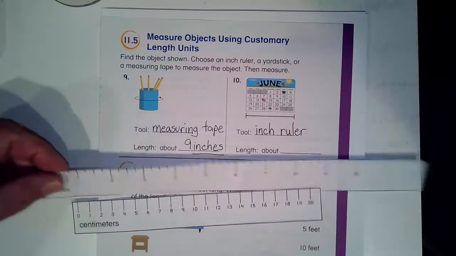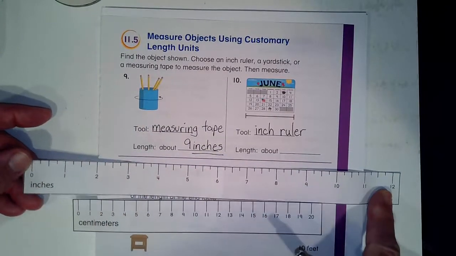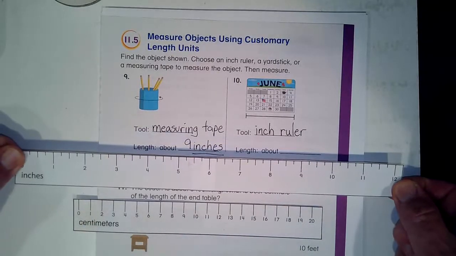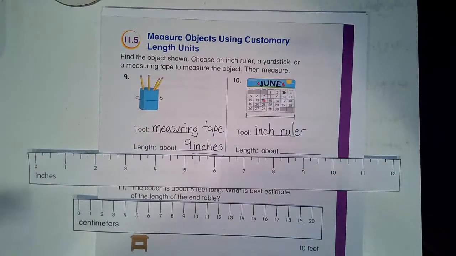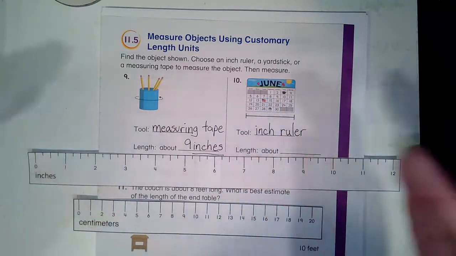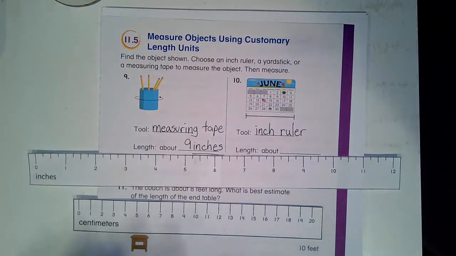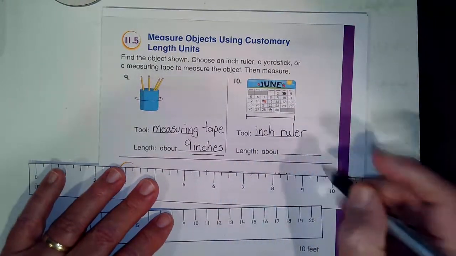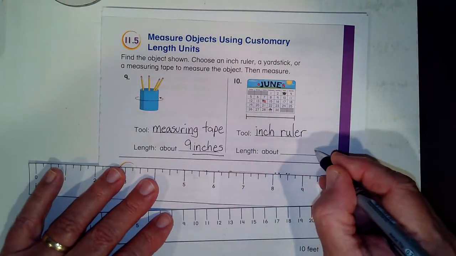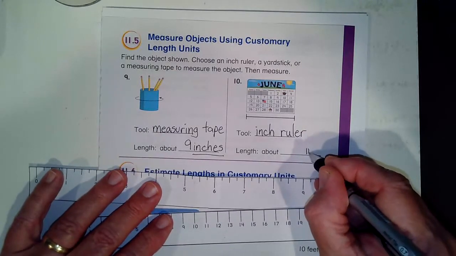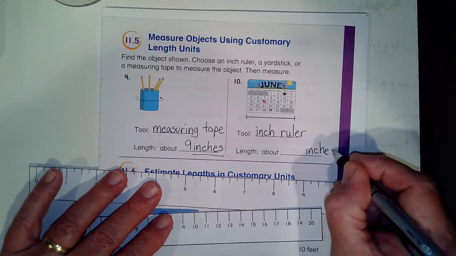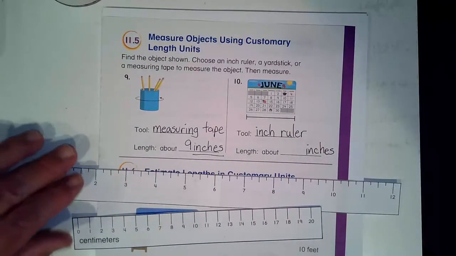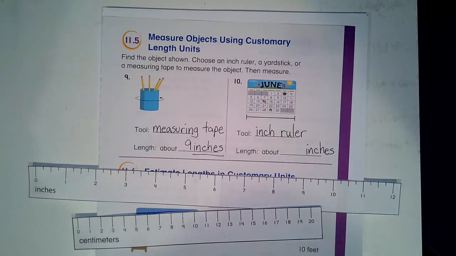And calendars are usually about as long as this. You might have one in your house that's a little bit smaller or a little bit bigger. I want you to measure and then put down how many inches. So you write down yours that you measure at your house, but be sure to put down inches. All right, so that is your assignment.